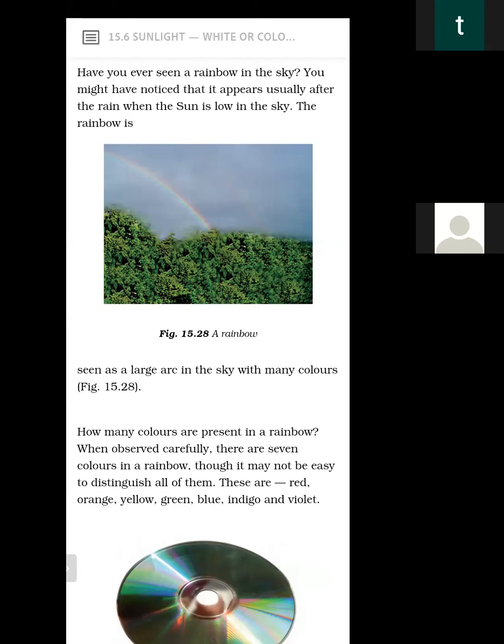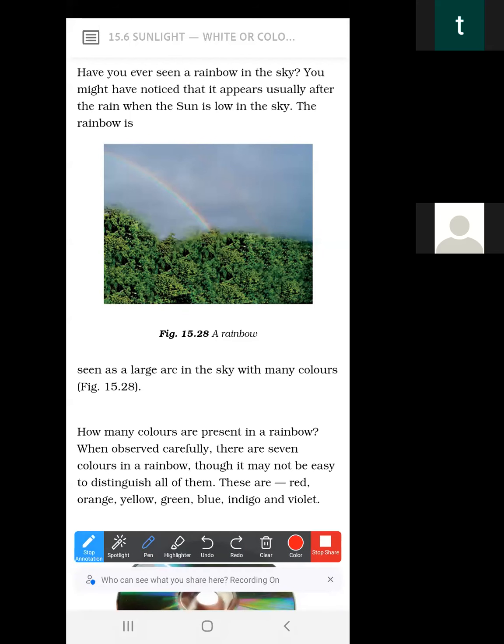So take the first alphabet of each word, and it will be Vibgyor. You can remember this: Vibgyor.